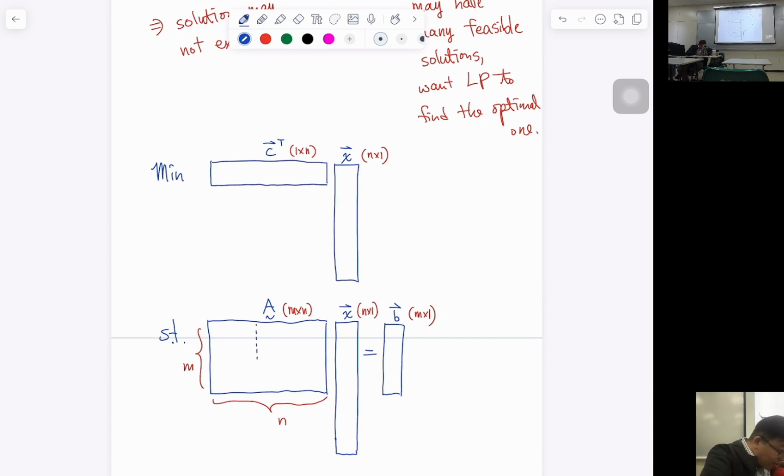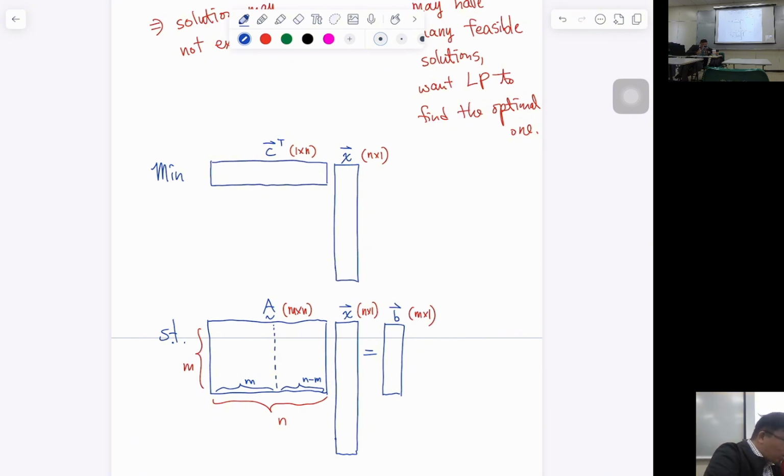Now, what we are going to do is to find a square area right here. Just separate them. So here is m, and here is n minus m.